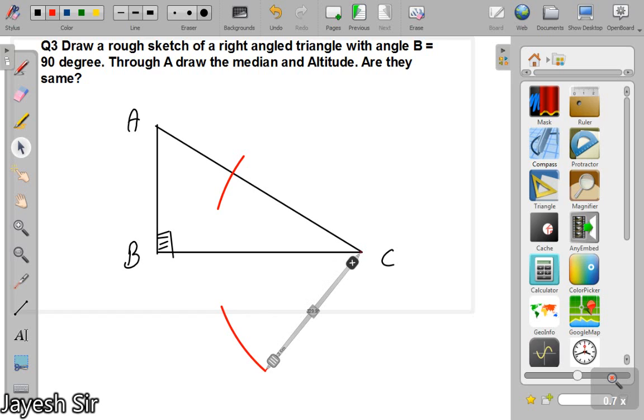Now I will place the compass at point B, and once again we will draw arcs above and below BC. This is above BC and that was below BC.